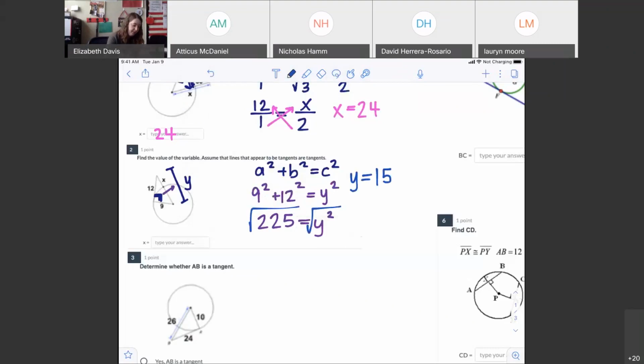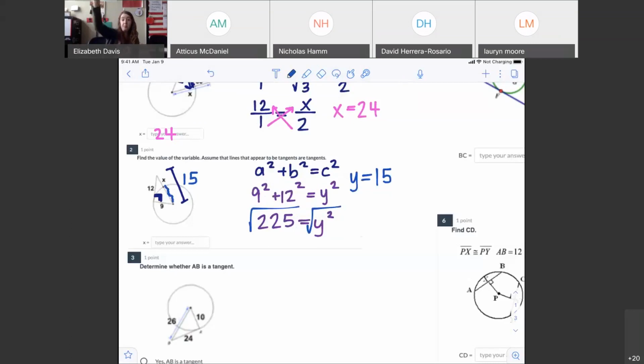But here's the thing. We just figured out that this stretch is 15, right? That little squiggle that I just drew in, this little part right here, what is that equal to? Not quite. 9, yeah.